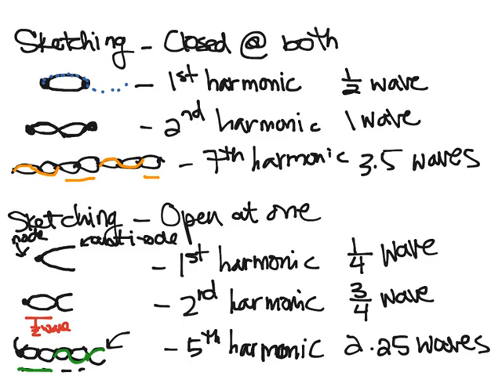So the next thing we're going to talk about is how to find the wavelength if you know the length of your instrument or the length of a string and which harmonic you're in. In general, the wavelength is going to be the length of your instrument or rope or whatever it is divided by the number of waves.